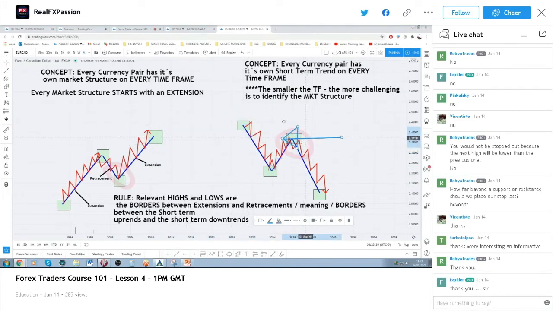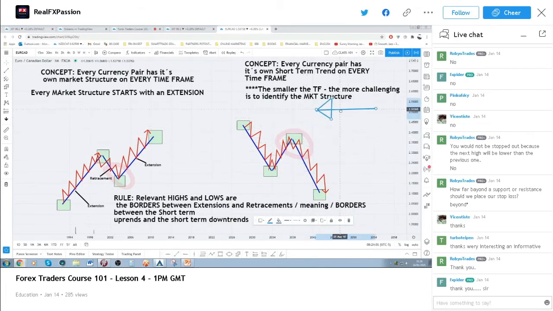Or NZDCAD: we have a down structure on the monthly, but this blue line is going to be different from the monthly to the weekly, daily, 1-hour, 2-hour, 4-hour, and 15-minute. The same goes for the short-term trend on the NZDCAD daily chart versus the 15-minute chart.